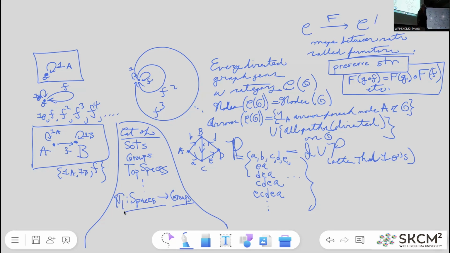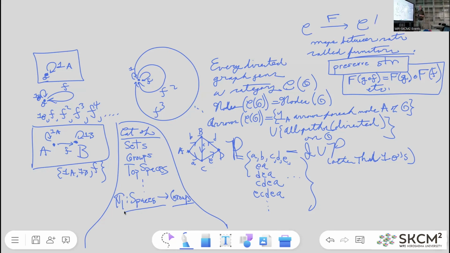But it has the property that if you have a map from one space to another, then there's an induced map on the fundamental group, because loops can be mapped to loops by the continuous mapping from one space to the other. And when you do that, it preserves this kind of structure, composition, and mapping. And so it goes from spaces to groups. And that's a functor.